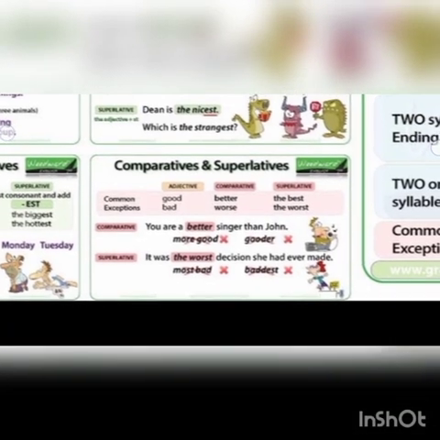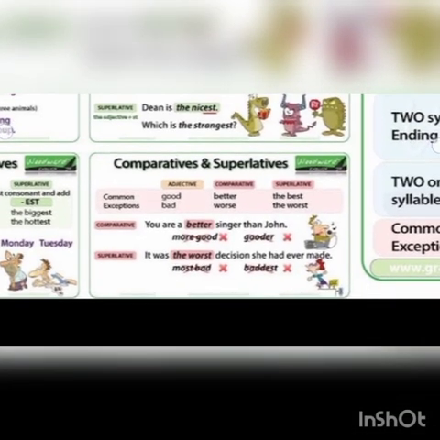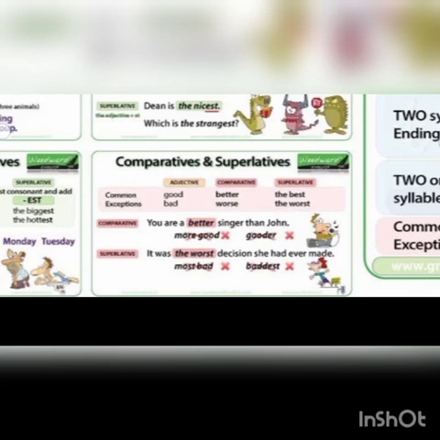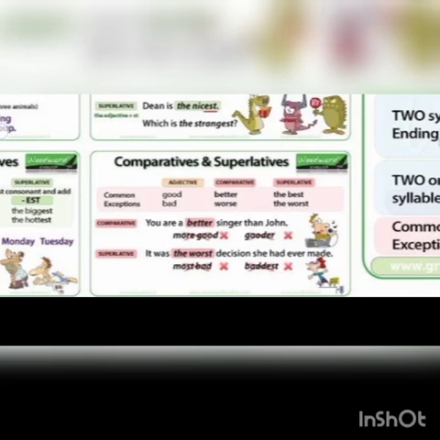Superlative, the same. It was the worst decision she had ever made. It doesn't exist most bad or baddest, etc. No, please. This formation doesn't exist. It was the worst. Era la peor decisión. She was the worst. It was the worst decision she had ever made.